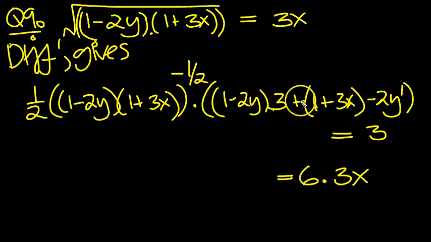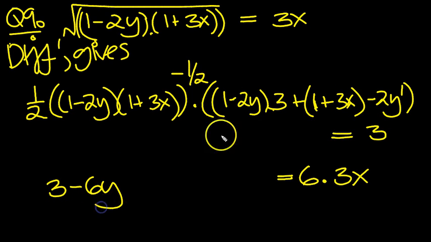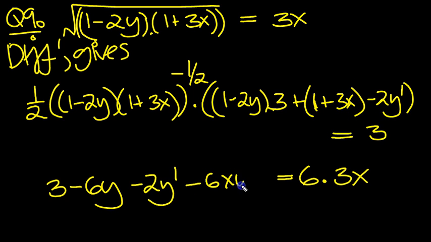And then on the left hand side, is this stuff here which I'm going to expand. So we've got 3 minus 6y for these two terms, from 3 of those and 3 of those, plus, but there's a minus here, isn't there? So I'll have to be careful. It's minus 2y times 1, y dash that is, and then minus times plus is minus 6x y dashed.